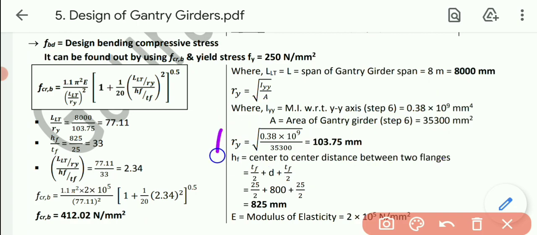So I will get Ry as 0.38 into 10⁻⁹ divided by 35300 whole raised to 1 by 2. So ultimately the answer is 103.75 mm. That's the value of Ry.